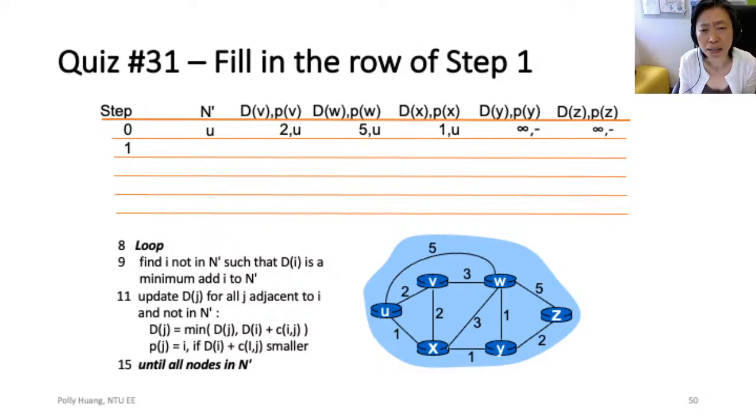Let me see. So just V, W, Y, and go through X. So that should stay W, 4, okay, Y. Okay.